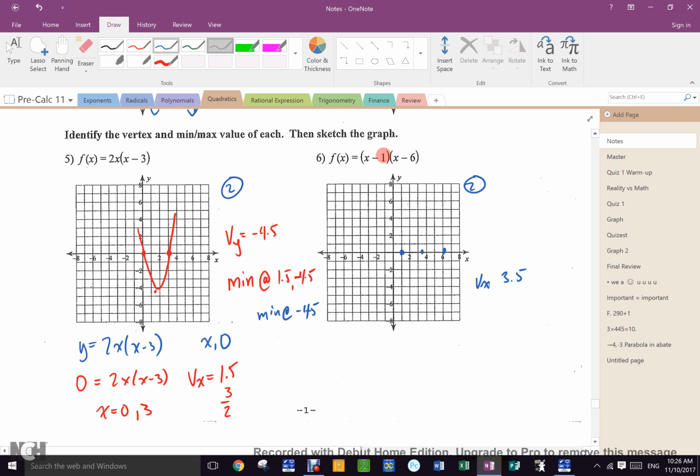You sub that in up there to get the vertex y value of 2.5 times negative 2.5, which is negative 6.25. So your minimum, since everything is positive there, was a minimum at negative 6.25. I just did that all in my head. Is that right? 2.5, negative 2.5. Yes, that is all correct.